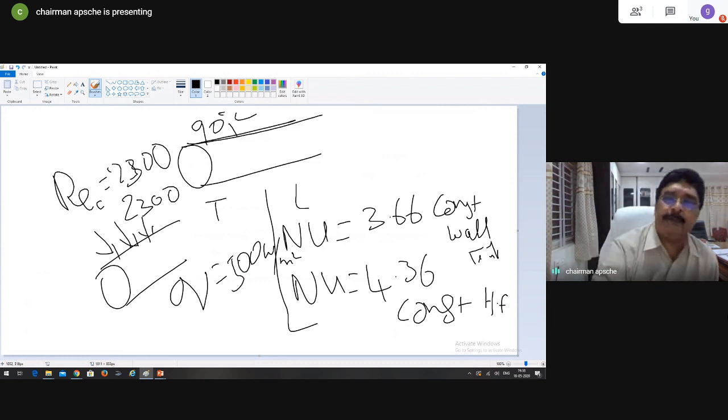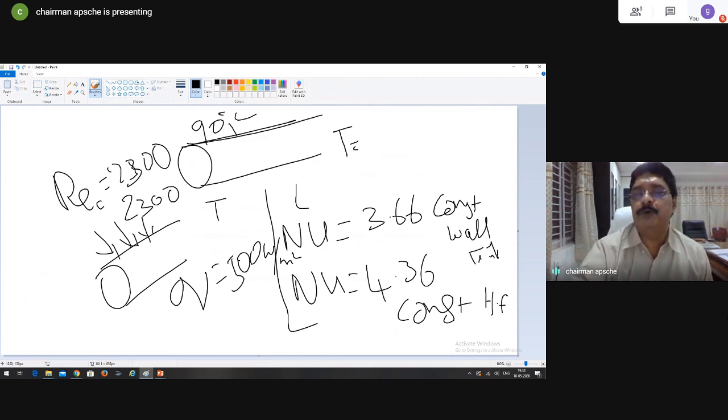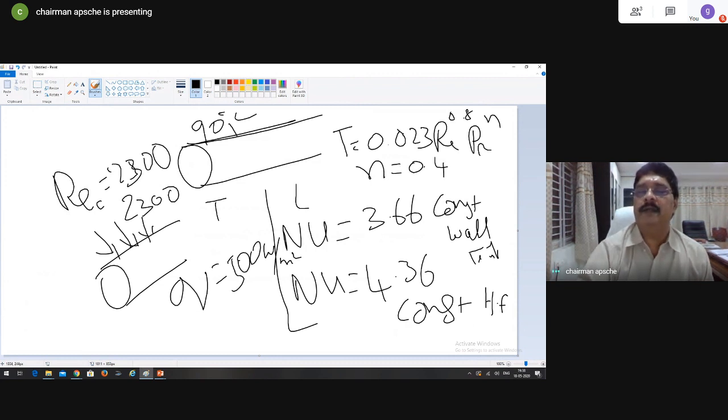When it is turbulent, there's one famous equation called the Dittus-Boelter equation. Nusselt number is equal to 0.023 Re to the power 0.8 Prandtl number to the power n, where n is equal to 0.4 for heating and n is equal to 0.3 for cooling.